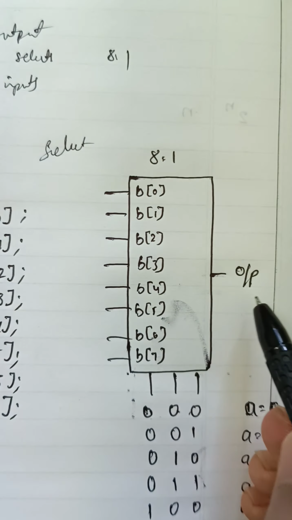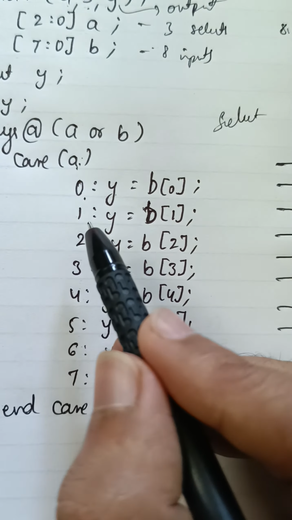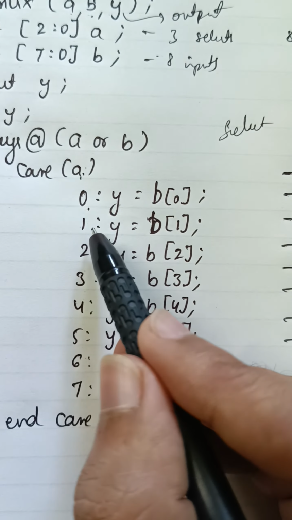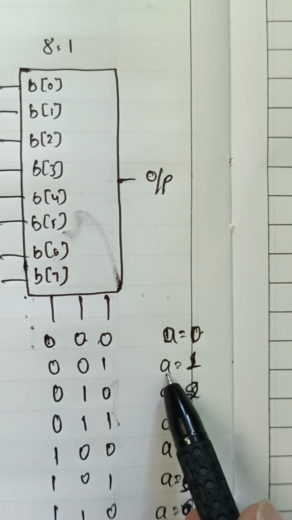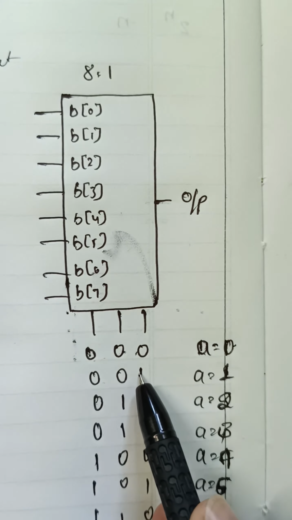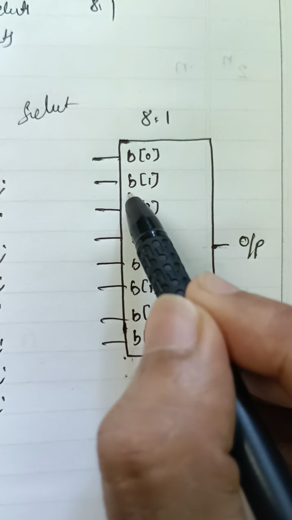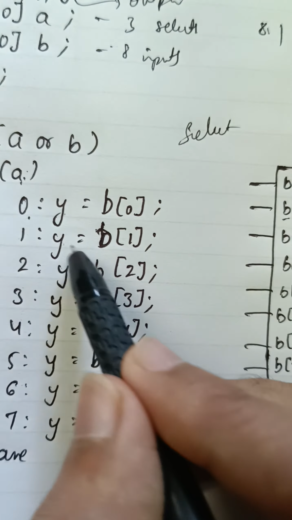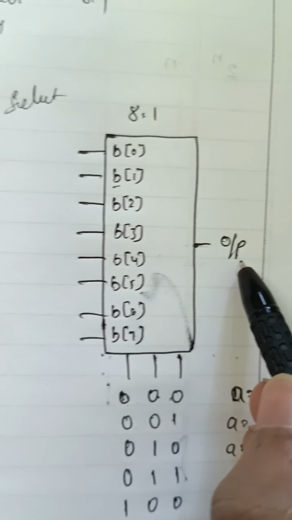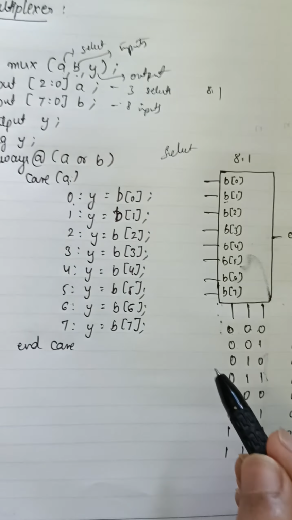This value is taken as the output. In the same way, if A is 1, that is the select is 0, 0, 1, then we have to choose B of 1, that is, Y will be B of 1, which is taken as the output. This is how the 8:1 multiplexer works.